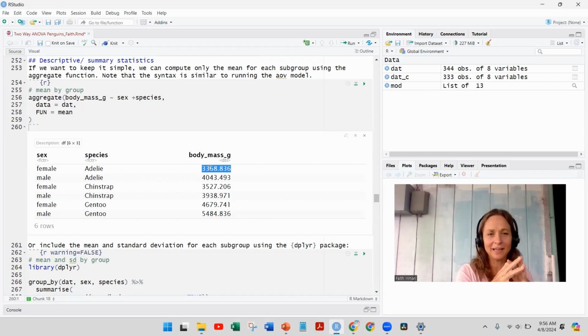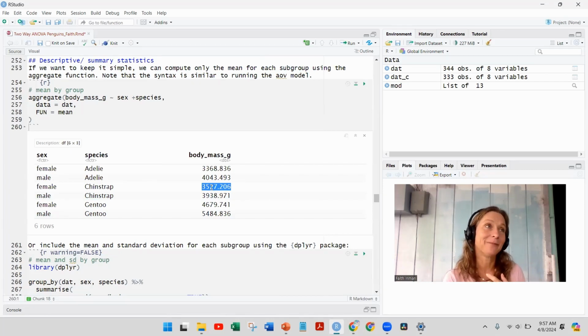And it's a lot smaller than the female Gentoo, but is it significantly smaller? And it's not that much smaller than the chinstrap. It's like roughly 200 grams smaller than the chinstrap. But is that a significant difference? 200 grams? Not that much, less than a pound, right?